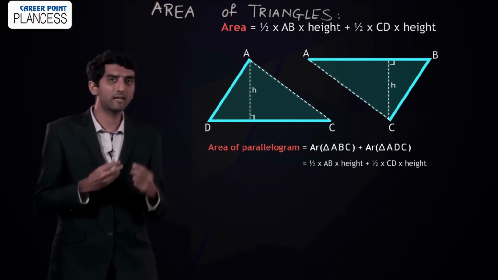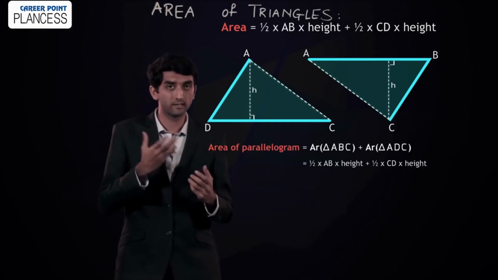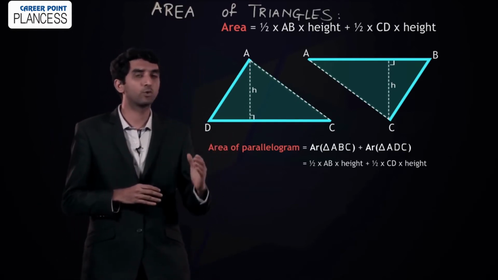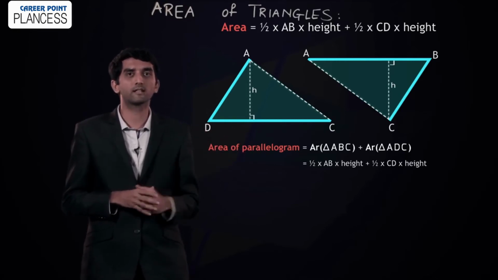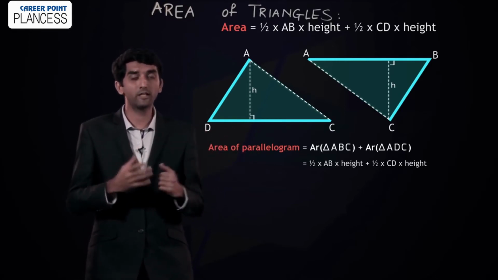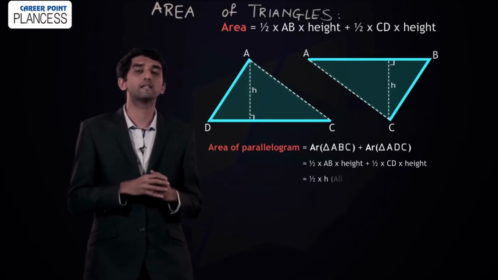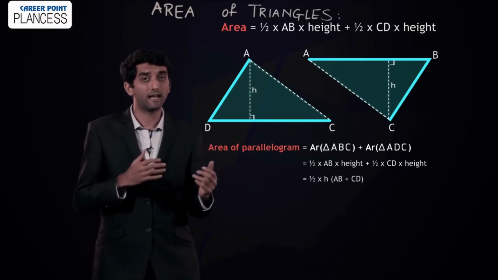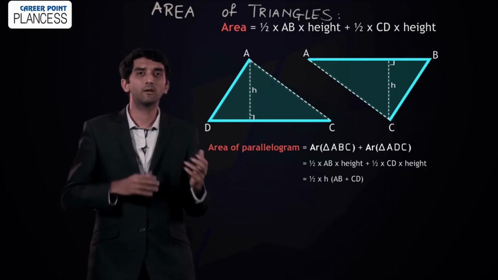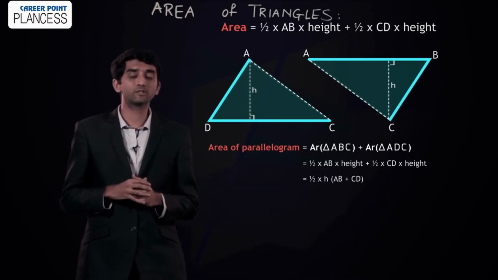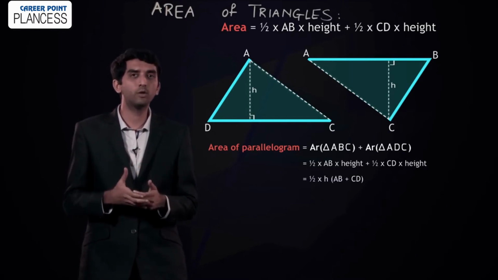Now why am I saying height same in both the cases? Reason being, for this particular parallelogram, the height is going to be same for both the triangles, and when we take half into height outside, we will realize that what we are left with is AB plus CD. AB and CD both are same entities because opposite sides of a parallelogram are equal to each other.